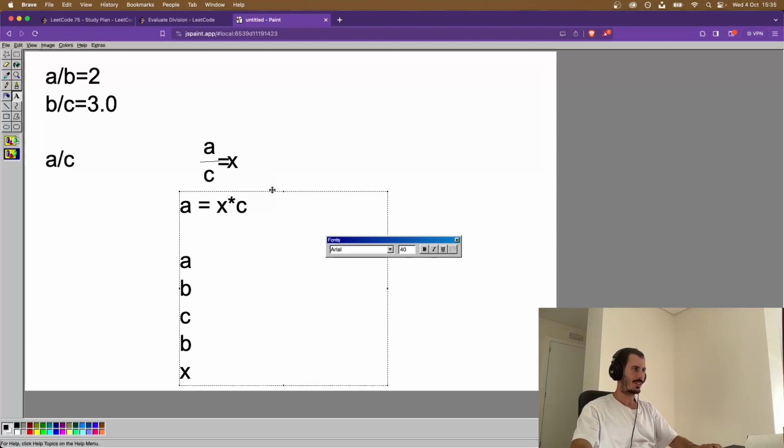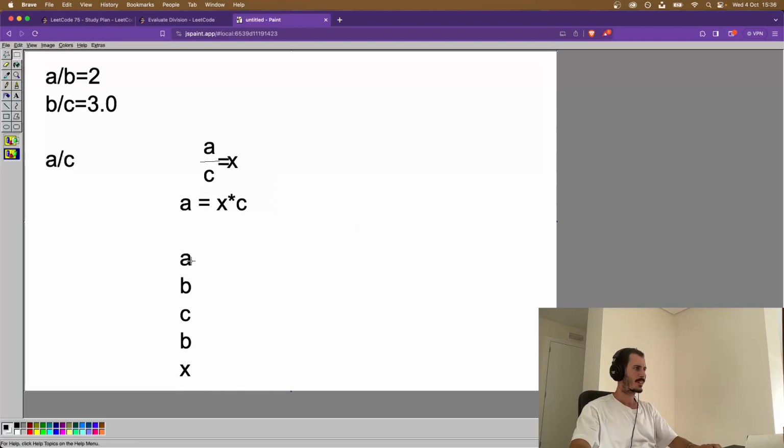Let me organize this. If you don't know your math, and I'm not a math tutor: 10 divided by 5 equals 2, which means 10 equals 2 times 5.